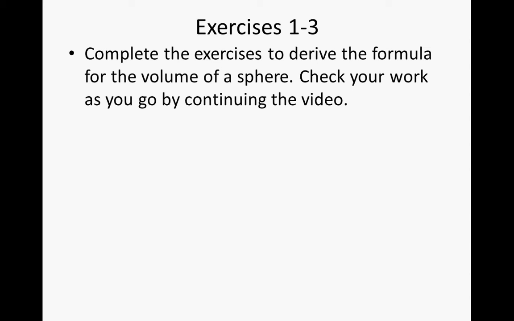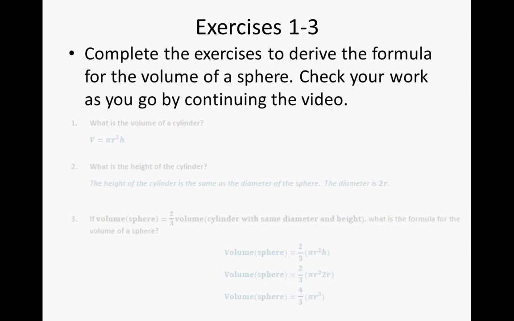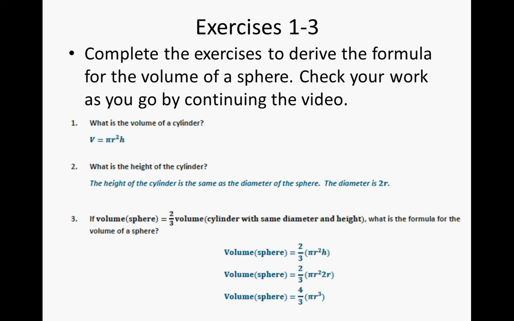All right, you should be done with exercise 1. Notice when we get to exercise 3, if the volume of the sphere is 2/3 the volume of a cylinder with the same diameter and height, what is the formula for the volume of a sphere?